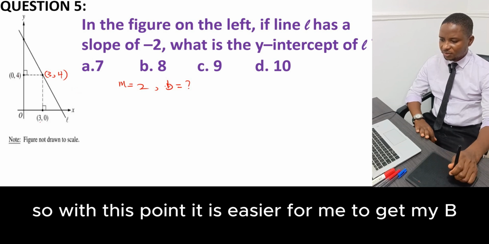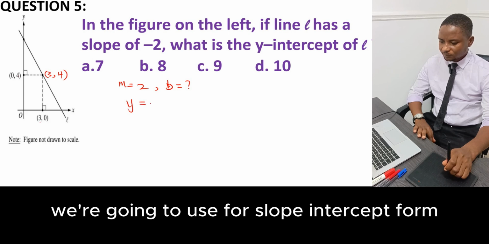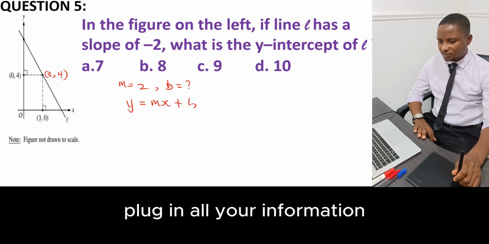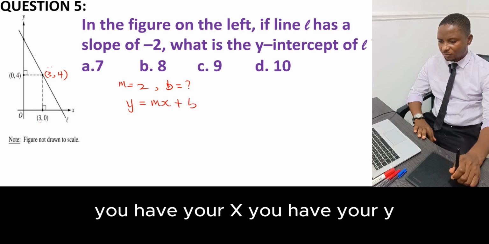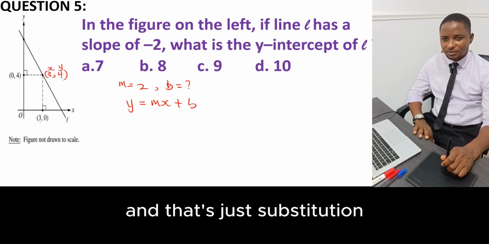With this point, it is easier for me to get my B, which is my y-intercept. Recall the formula that we said we're going to use for slope intercept form, and that is y equal to mx plus b. Plug in all your information. You have your x, you have your y, you have your m, and it's b we're looking for, and that's just substitution.